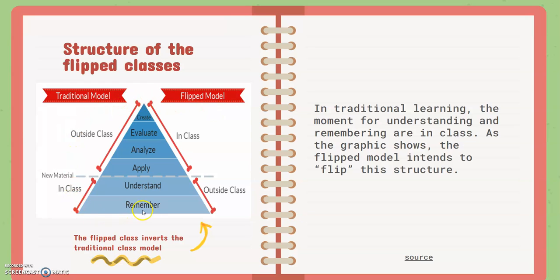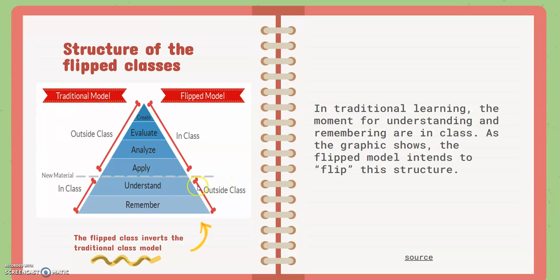This is a short I found online, which I thought was very interesting because it made it very clear how the flipped class works. As you see in the traditional model, the classrooms are the place of remembering and understanding, right? The flip model uses this space in class, when you're together with your teacher and your peers, for applying, analyzing, evaluating, and creating.